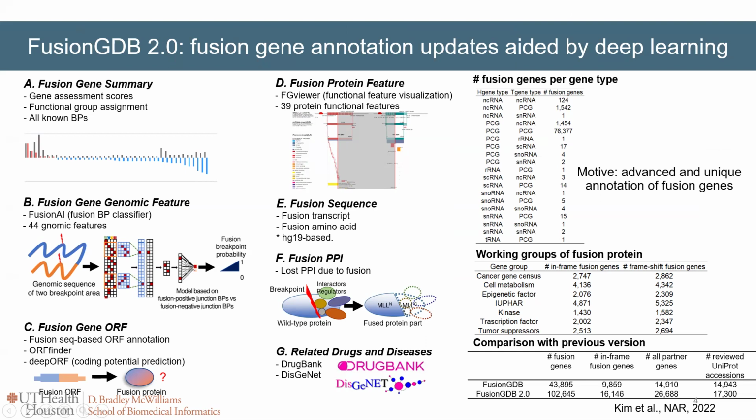And we also provide the coding potential of individual fusion transcripts, and what kinds of functional features can be lost if the two genes form a fusion gene. We also provide the fusion mRNA sequence and the protein sequence. These fusion protein sequences are imported into the UniProt database. So far, we have 102,000 fusion genes.